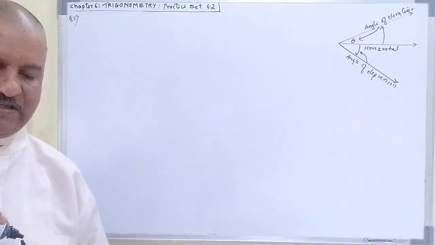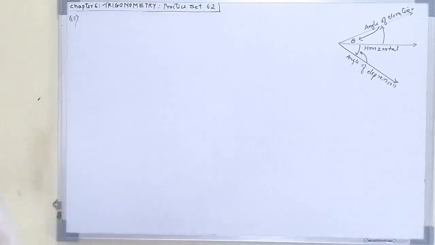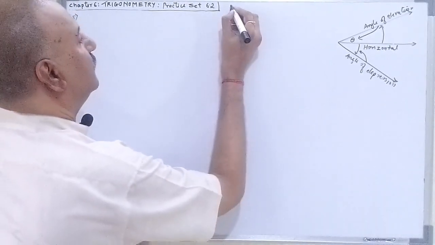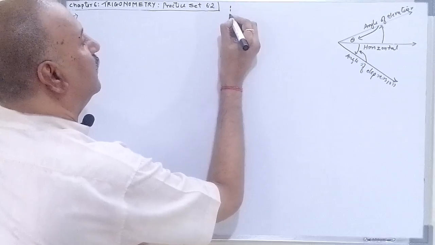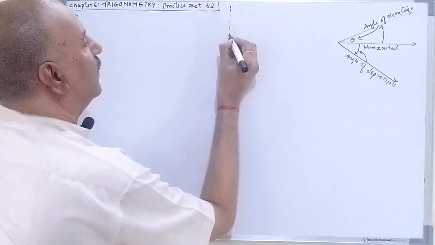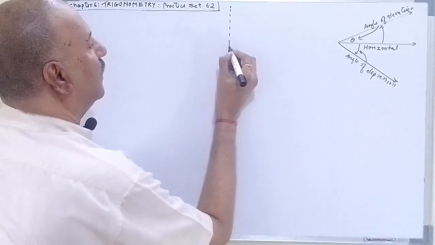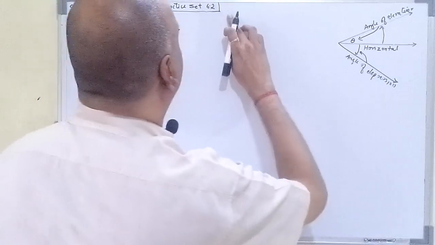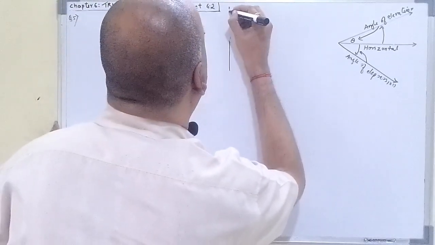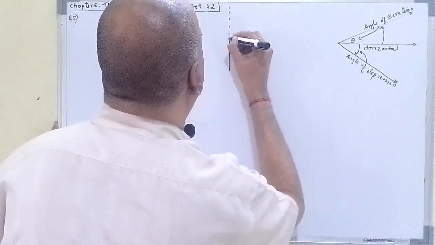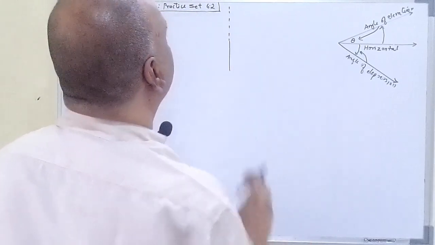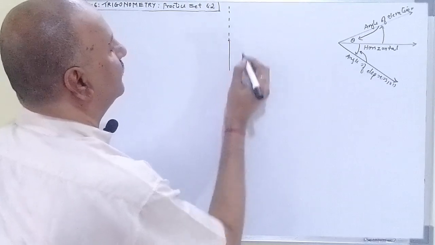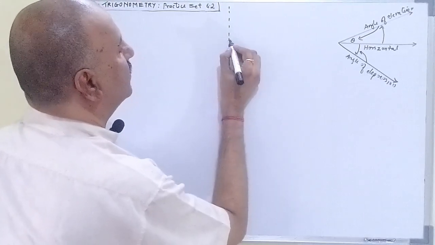अभी थोड़ा अपना इमेजिनेशन का इस्तेमाल थोड़ा करना पड़ेगा. ये है ट्री और यहां से वो टूट गया है. This is the point.